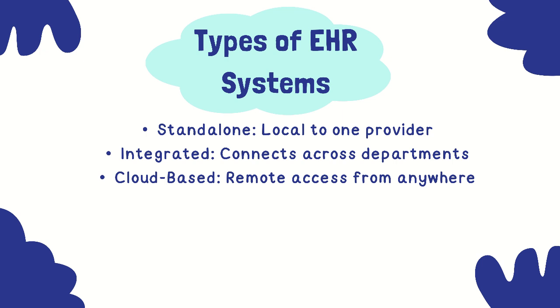Number one, we have a standalone. And standalone are systems that are used by a single provider, a small clinic. They're not designed to share information easily with other facilities. So, for example, a private practice might have a standalone system that houses just their own patient records.